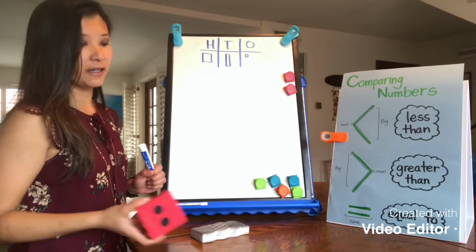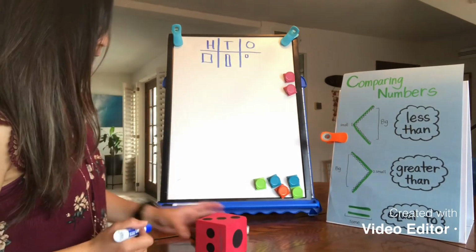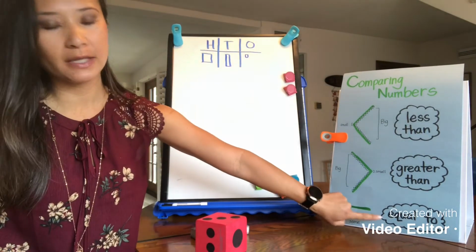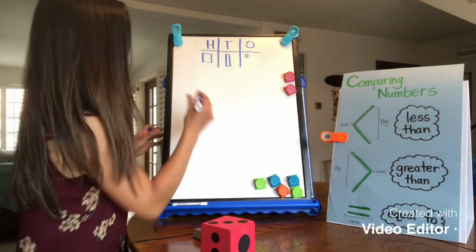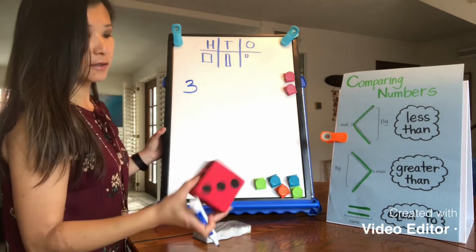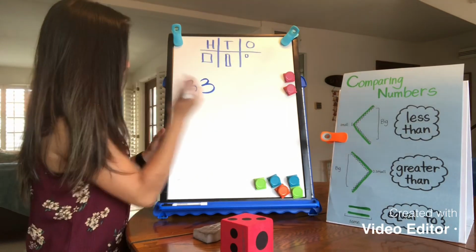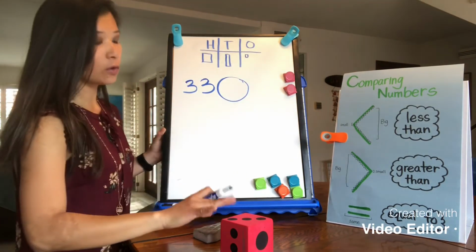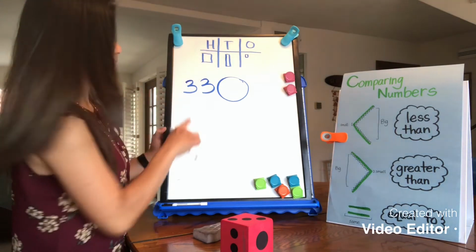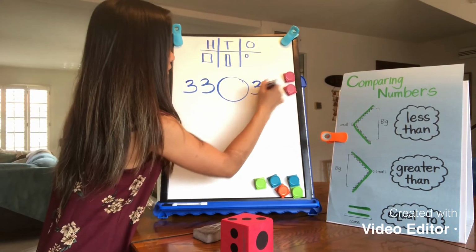Let's try building another number and see when we would use this symbol. We've got 3 and 3, 33. So let's say I rolled my dice 2 more times and I got the same number, 33.